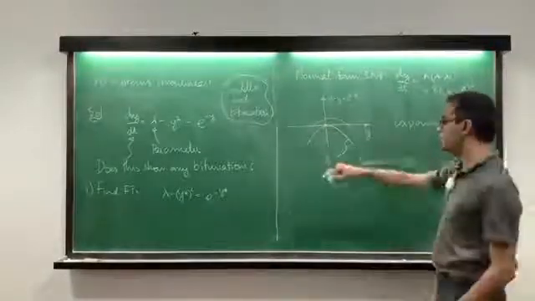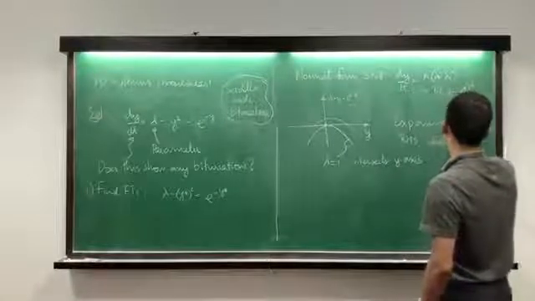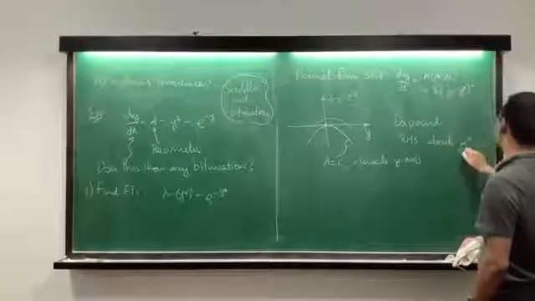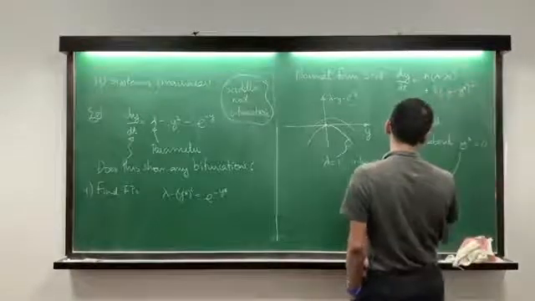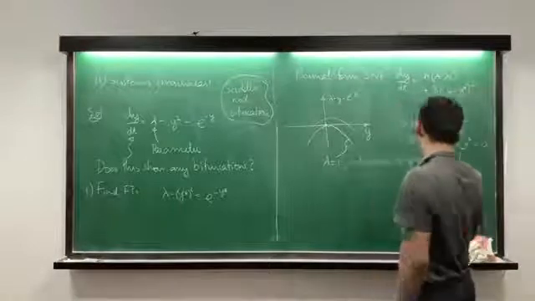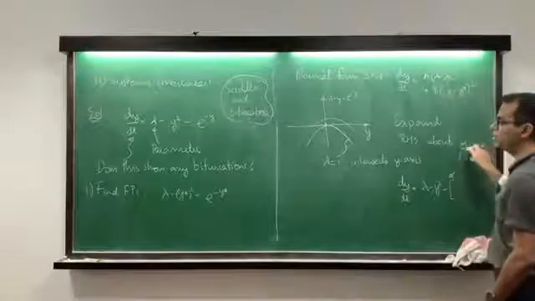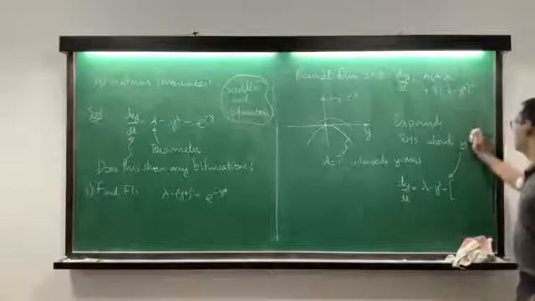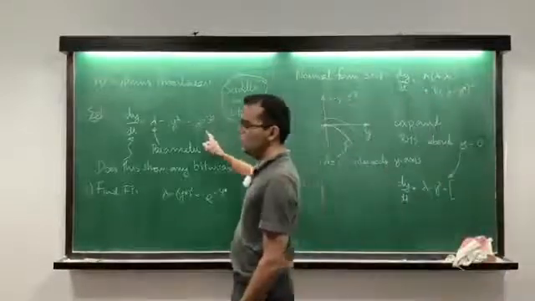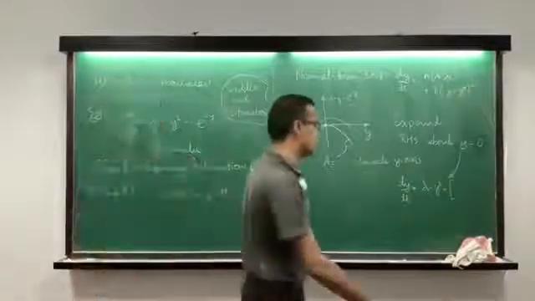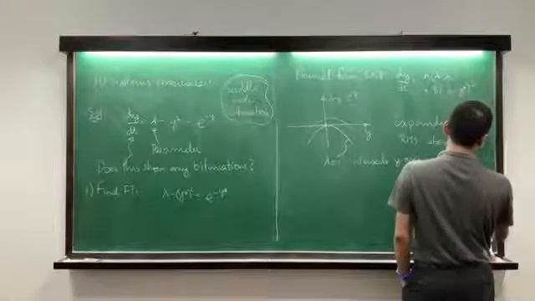So you expand the RHS about y equals 0, and you're going to get dy by dt is equal to lambda minus y minus e to the power of minus y, and when y equals 0, e to the power of minus y you can write as 1 minus y plus y square by 2.